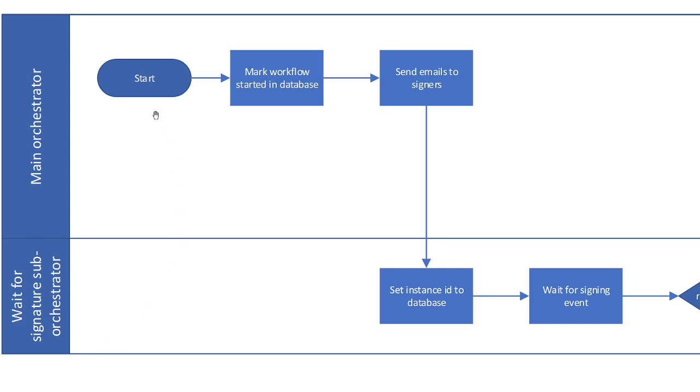So the user is going to fill a form in a web application, and that's going to start the process. As the first step in our workflow, we're going to mark the workflow as started in the database. This isn't something that you need to do, but in this case, we just want to know when the workflow has actually started.